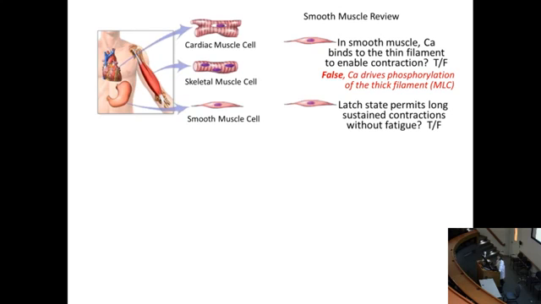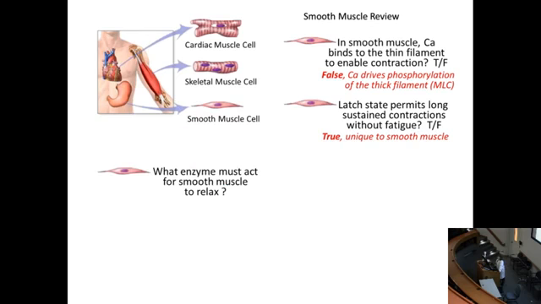Okay, so the latch state permits long sustained contractions without fatigue. True or false? True. It's unique to the smooth muscle. Okay, what enzyme must act for a smooth muscle to relax? Remember the myosin light chain phosphatase, right?